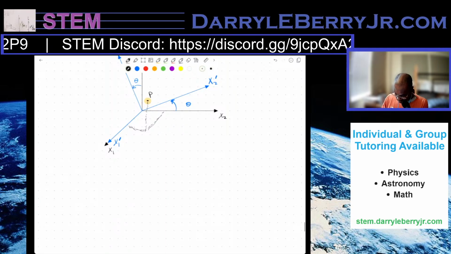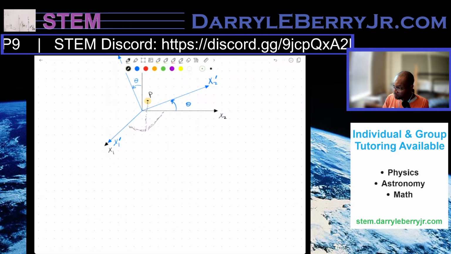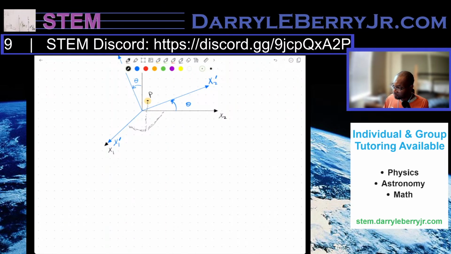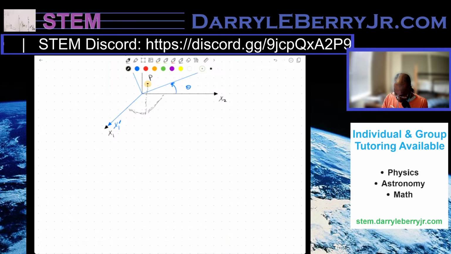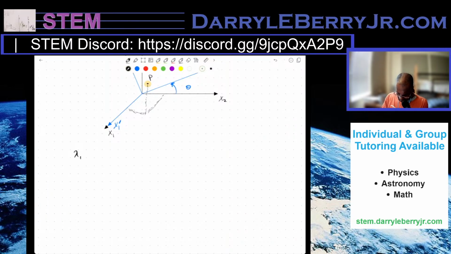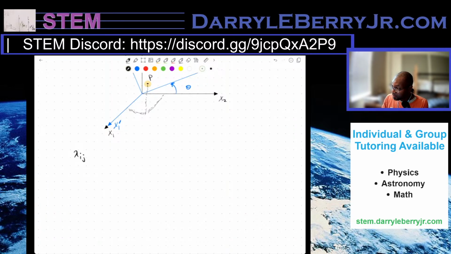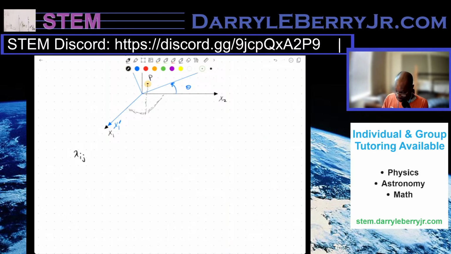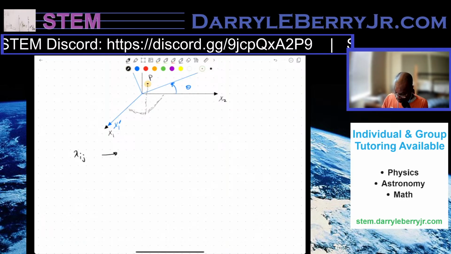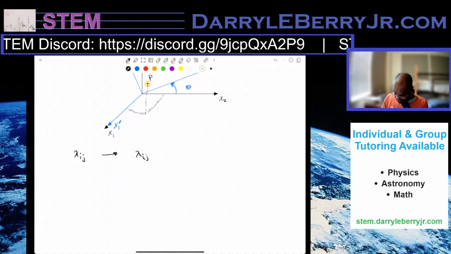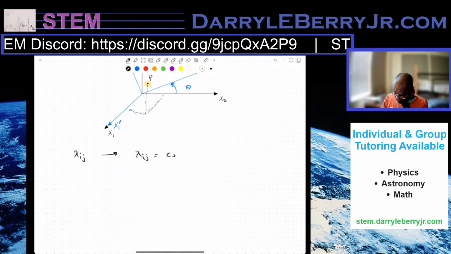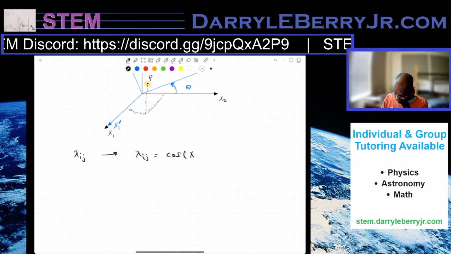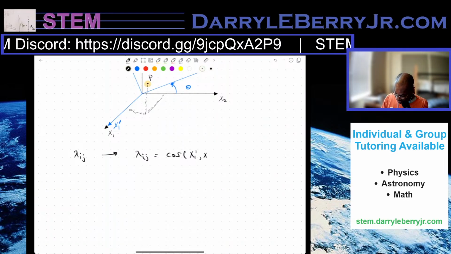So we need the lambda ij using the definition of the equations. Lambda ij equals cosine x1 prime x1.